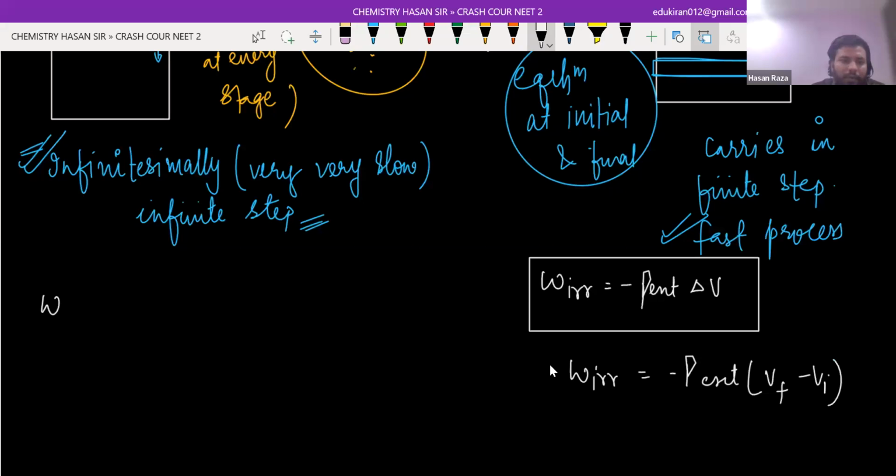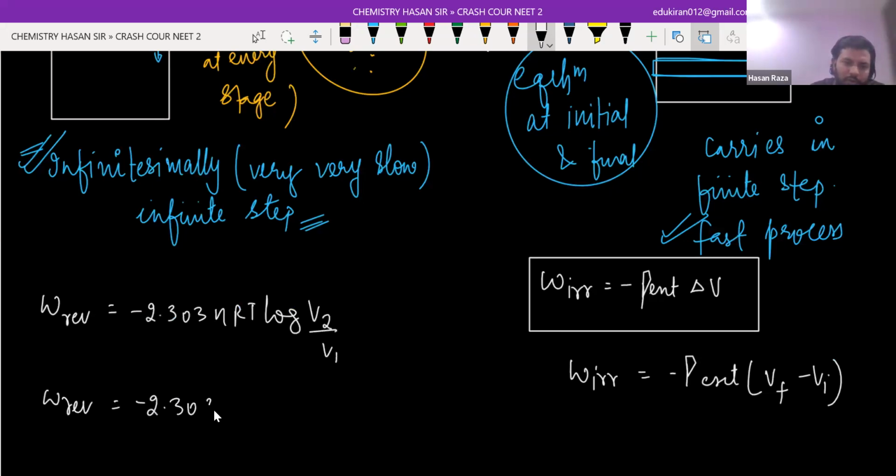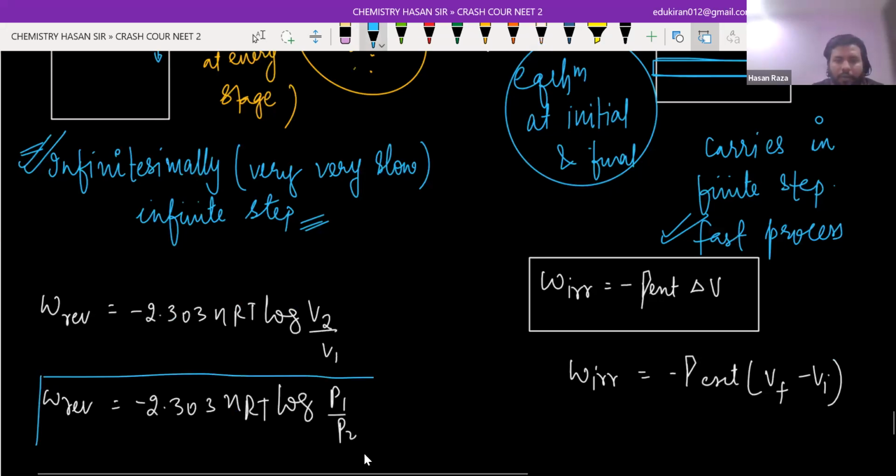Now, for the work done in a reversible process, it is minus 2.303 nRT log V2 upon V1, or you can write in terms of pressure as well, minus 2.303 nRT log P1 by P2. It's a very, very important formula.